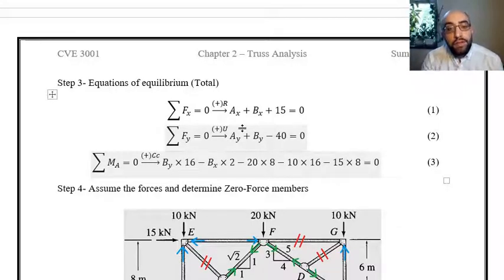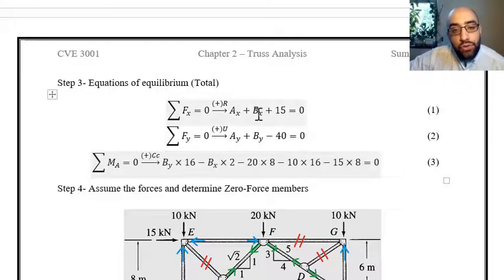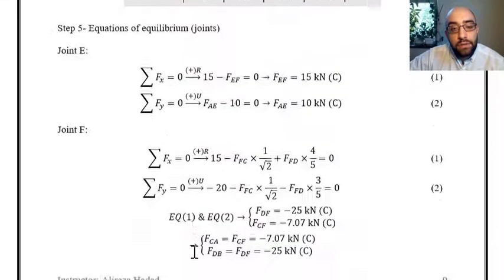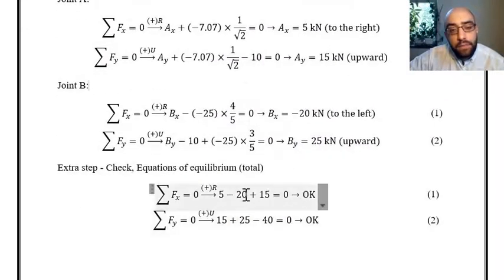If the values that we found are correct, these equations should be equal to 0. If they are not equal to 0, it means that we made a mistake somewhere. But if I return the values that I got for AX and BX and AY and BY into these equations, the values should be equal to 0, and that's what is happening over here. It means that my calculations are correct.